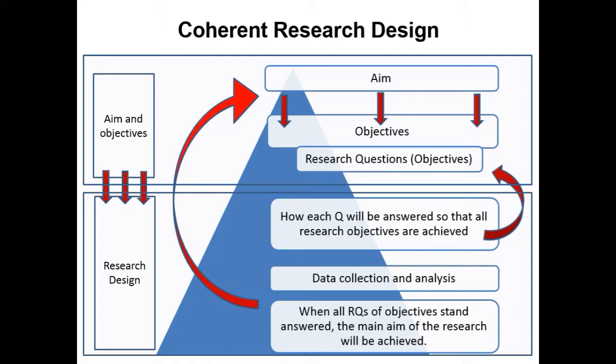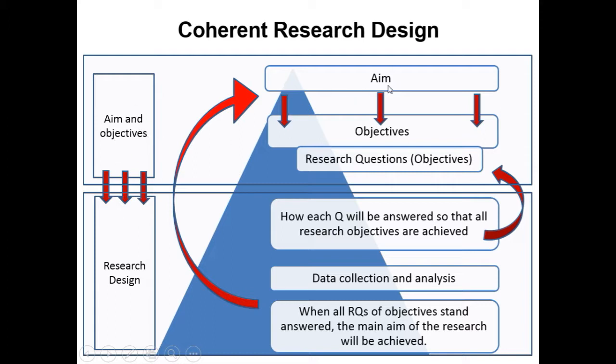So I present my thinking with the help of this diagram. In the first quadrant, I have placed aim and objectives, and I have shown that they should lead to your research design. So your research design must be aligned with your aim and objectives.